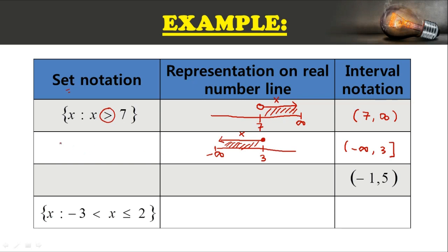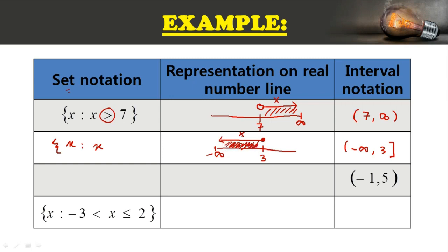For set notation, again, write the curly bracket, X double dot. Okay, for this one, only 3, right? So dia X. X ni, kalau you tengok dekat number line, dia X ni, dia lebih daripada 3 ke atau kurang daripada 3? Kawasan X yang kita lorek ni.